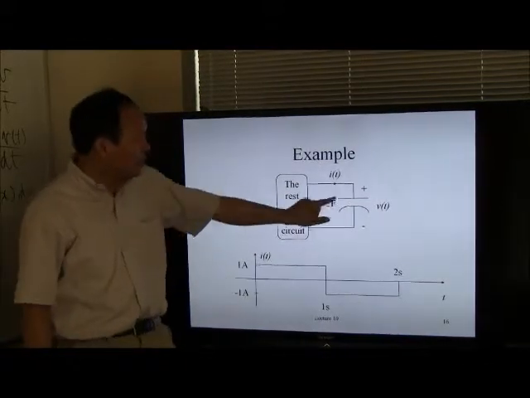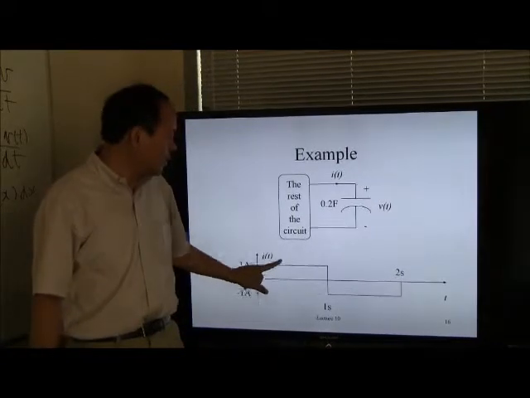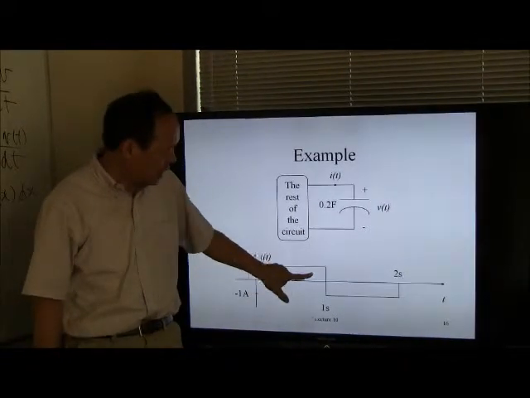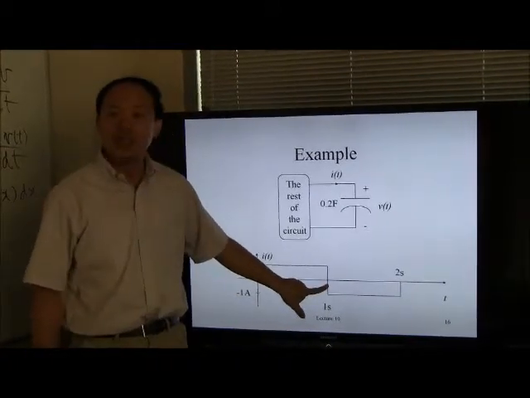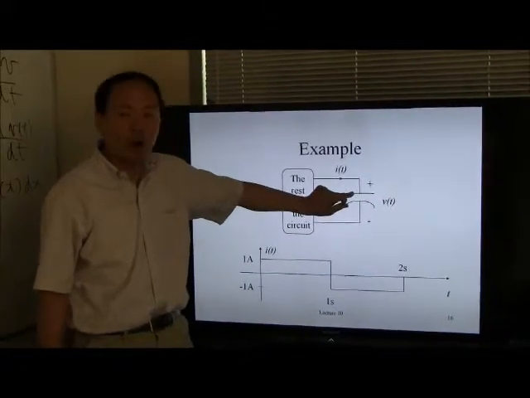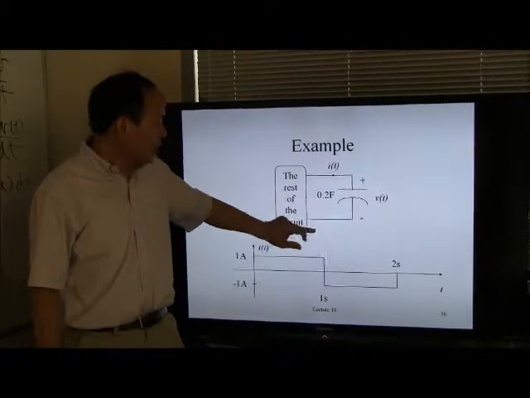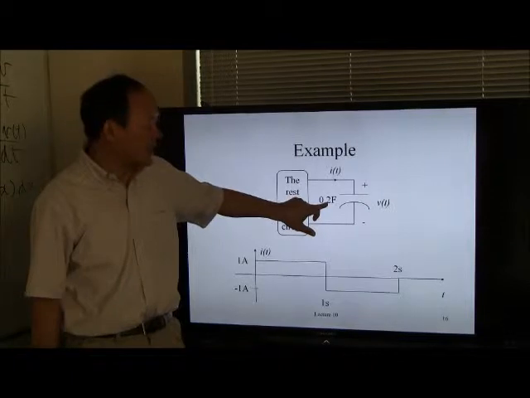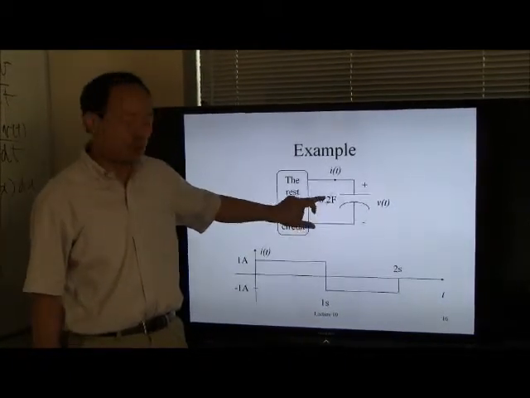It starts from a voltage of 0, because initially the capacitor is not charged, and then it will keep increasing until all the charge inside this area, basically 1 ampere times 1 second, equal to 1 coulomb, is deposited. In 1 second, 1 coulomb will be deposited into the capacitor. And since the capacitor has a capacitance of 0.2 farad, that 1 coulomb will raise the voltage to 5 volts.